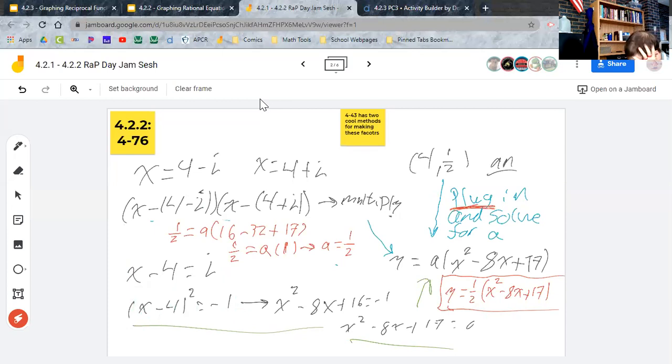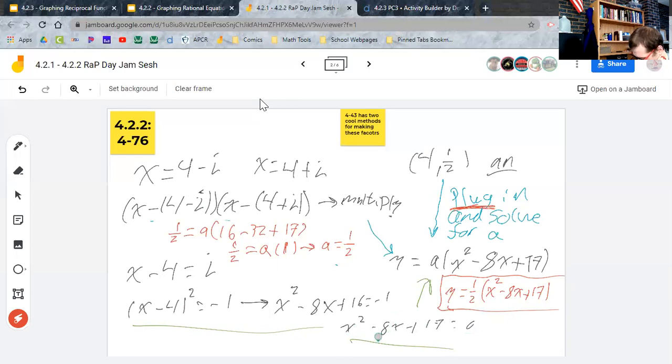I can multiply that out because, again, i squared equals -1. When I multiply this piece out, I get this. And then to finish getting everything on one side, I can add 1 and I get this equation.